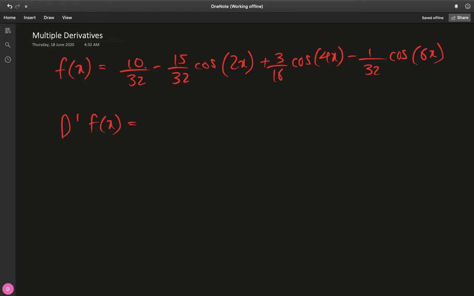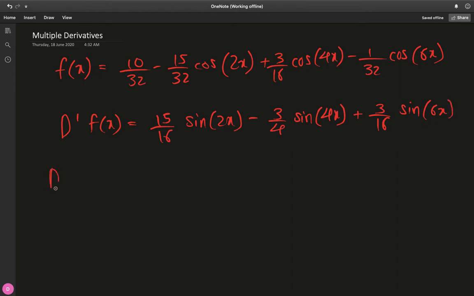Well, we can get rid of the constants, that's the best part, and then we end up with 2 times 5 over 32, which is 5 over 16, and the derivative of the cosine will compensate for the negative, and we end up with sine of 2x minus 3 over 4 times sine of 4x plus 3 over 16, because 6 over 32 is 3 over 16, times sine of 6x.